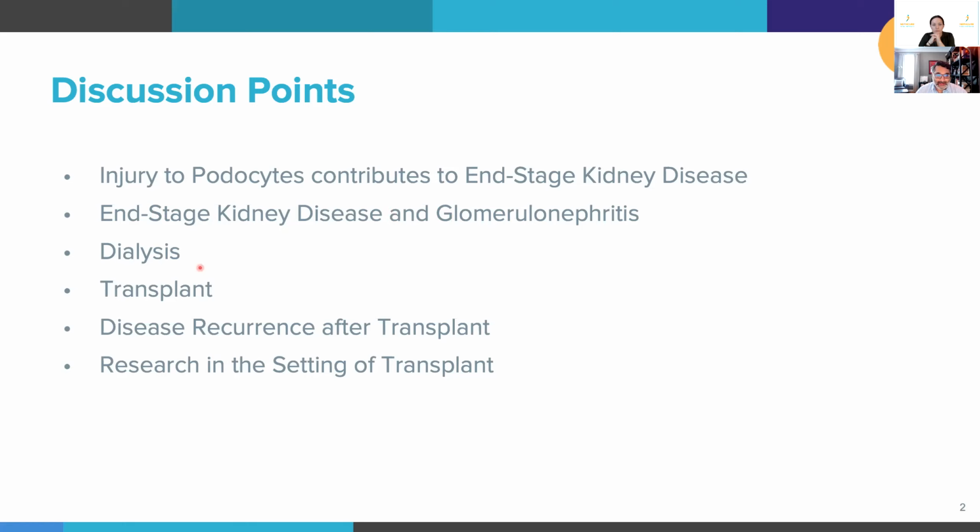I'll discuss dialysis and transplant at the basic level. And then we'll talk a little bit about disease recurrence after transplant in patients with glomerular disease, and go over some of the emerging research we're seeing in the setting of transplant, with particular emphasis on how that applies to patients with glomerular disease.